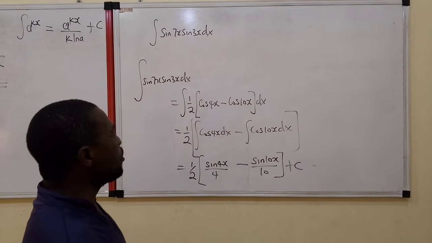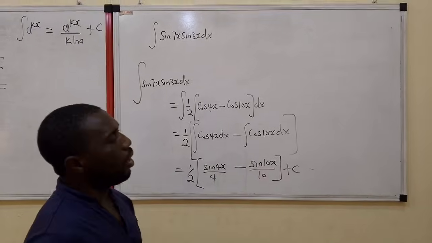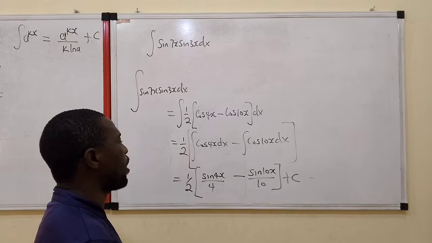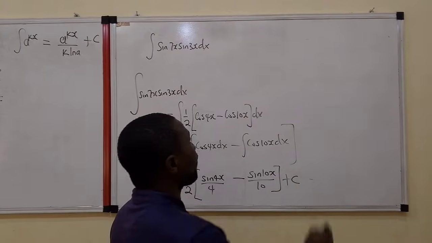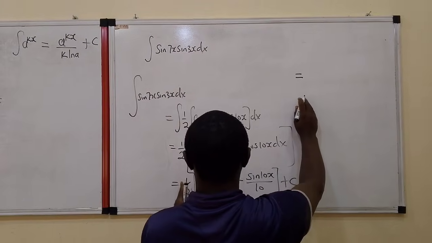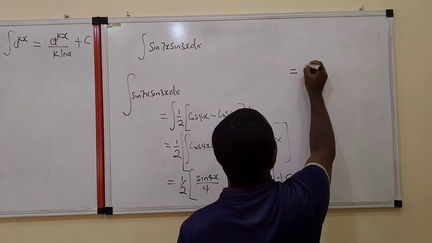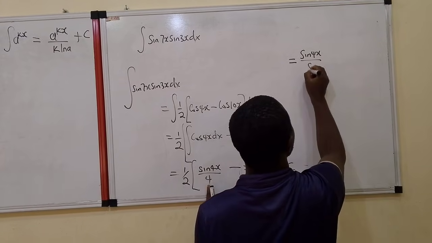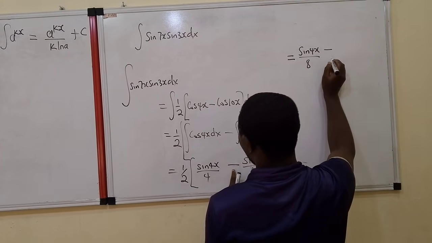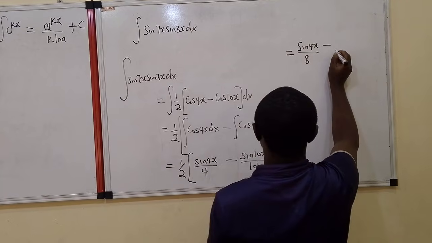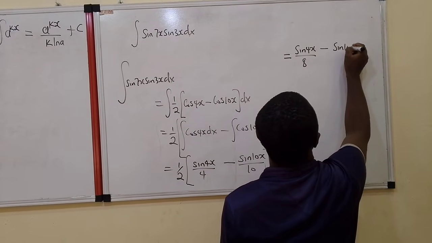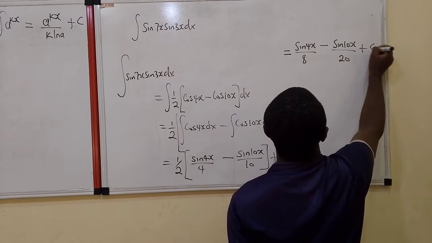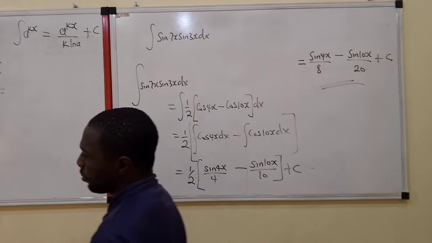Now the next thing is I'll use the 1 over 2 to open up the brackets. Use the 1 over 2 to multiply everything inside the brackets. If you do that, your final answer becomes 1 times sine 4x is sine 4x over 2 times 4 is 8, minus 1 times sine 10x is sine 10x over 2 times 10 is 20 plus c. This is our final answer.